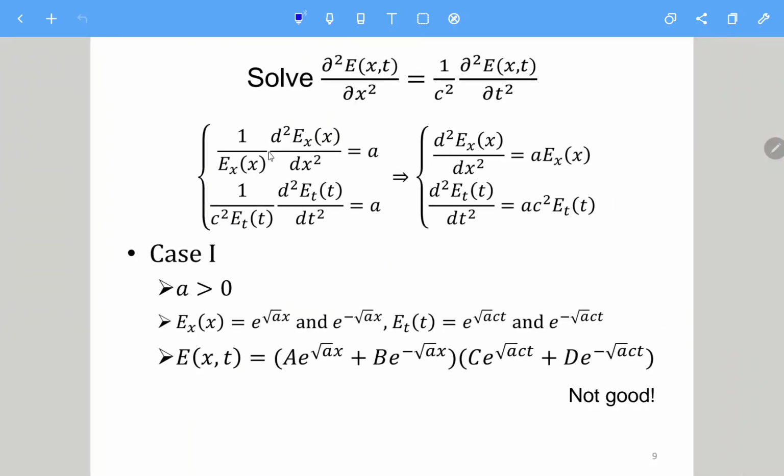Okay, so we have two independent ordinary differential equations. This is the point of separation of variables: we separate the function of x and t into two ODEs. Okay, so let's try to solve these two equations.